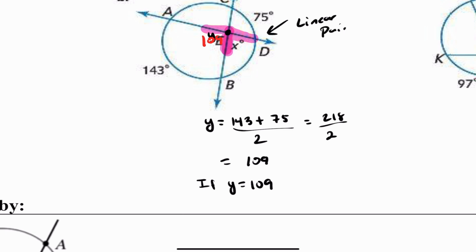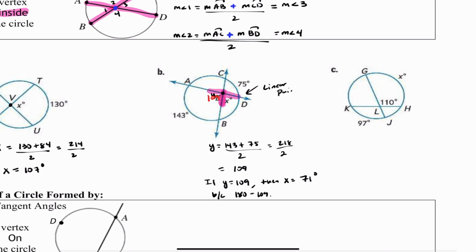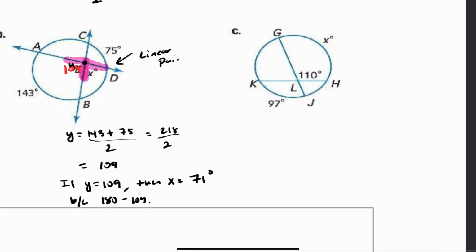So if this is 109 degrees, I can do 180 minus 109 to find the missing angle. So x is equal to 71 degrees. So that's B.